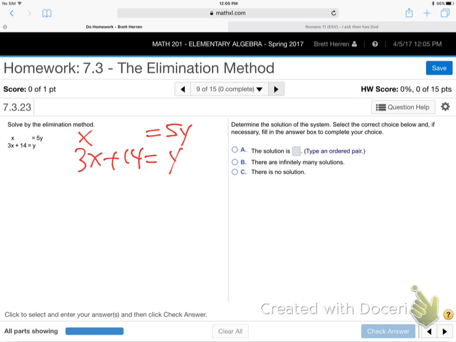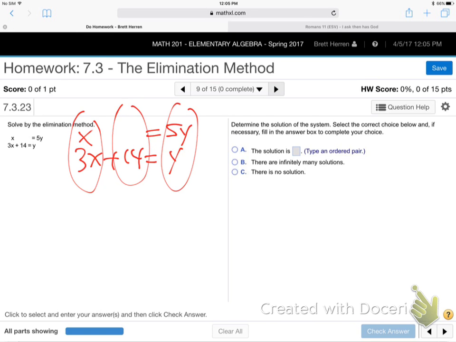So now you've seen all the basic ones, now they're going to start playing funny business, they're going to move things around. So the deal is, as long as they're lined up, it's all good. I'm not going to move anything around because they're lined up. X's are over X's, Y's are over Y's, and then there's numbers. You don't have to move anything around.